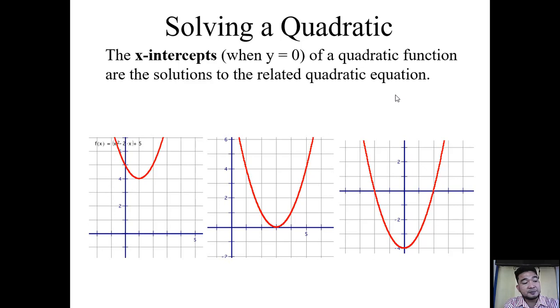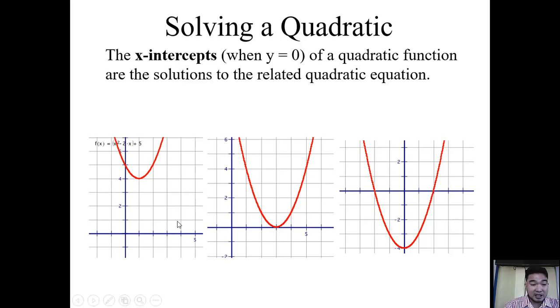We have learned how to solve quadratic equations in different ways: factoring, the square root property, completing the square, and the last one is the quadratic formula. So for you to determine the x-intercept of the quadratic function, you have to set y equals 0. So you will be having a quadratic equation, and in that quadratic equation, you are going to solve for the values of x.